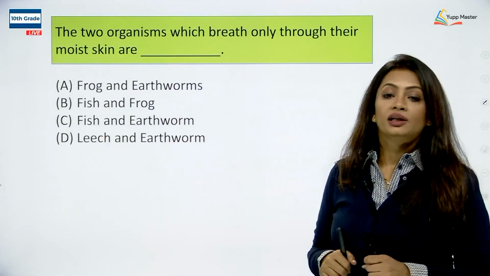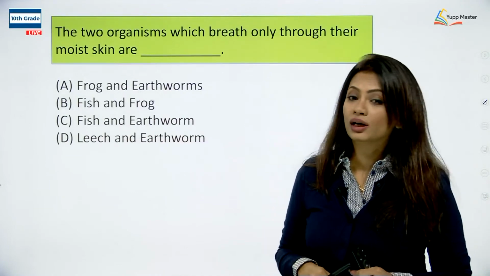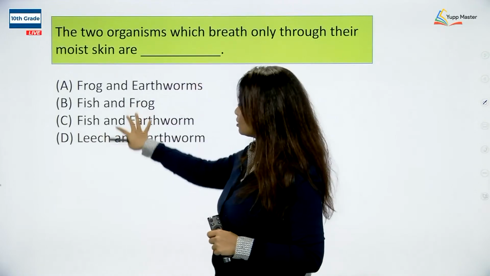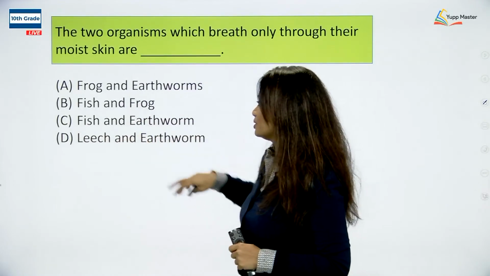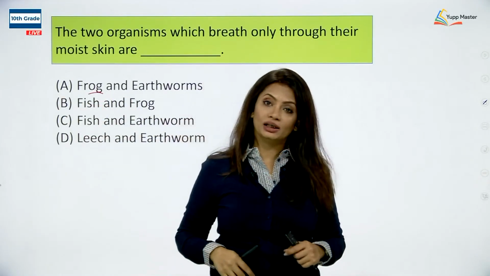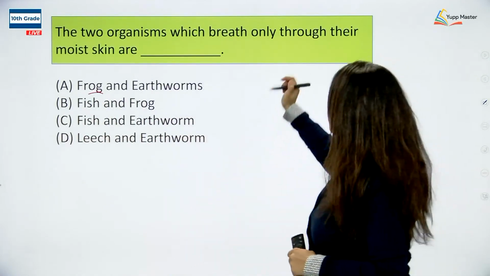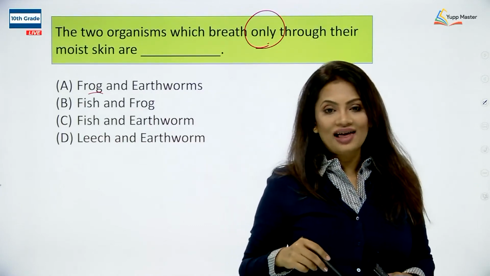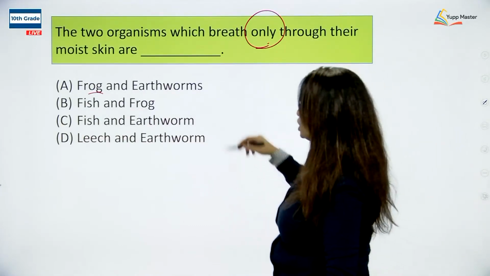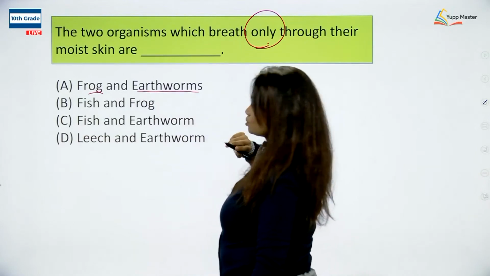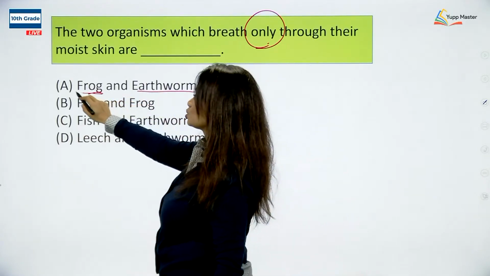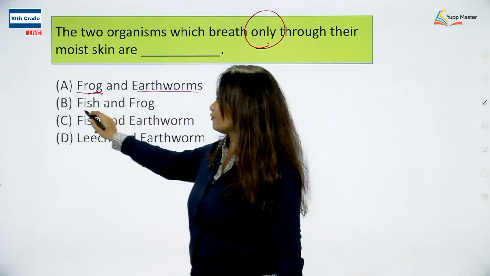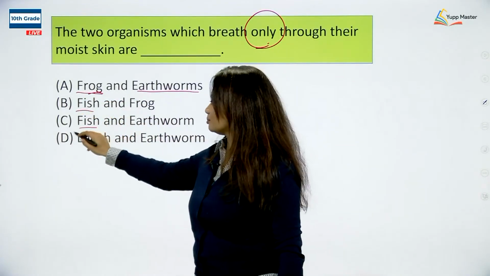The two organisms which breathe only through their moist skin. Many organisms breathe through skin, for example the frog. But in our question, the important keyword is "only". Earthworm is correct, it breathes through skin only, but frog breathes through skin as well as through lungs, so it can't be that. Fish breathes through gills.